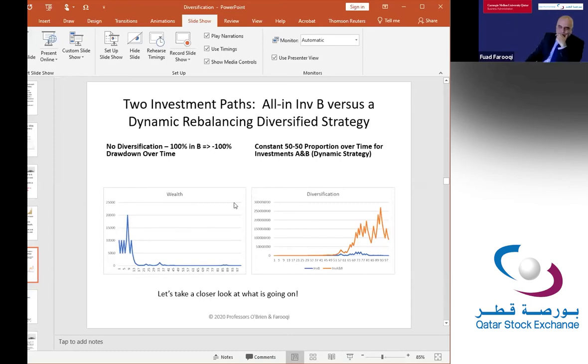So let me give the example on this left-hand side. You're going to get double or half each time. So you either get 250,000 or you get 62,500. Now, suppose you hit that bad outcome. Now your wealth has gone from 125,000 down to 62,500. Now, you can get double or half.